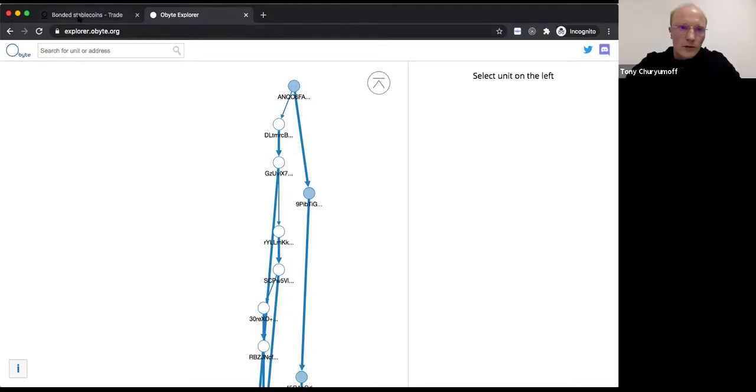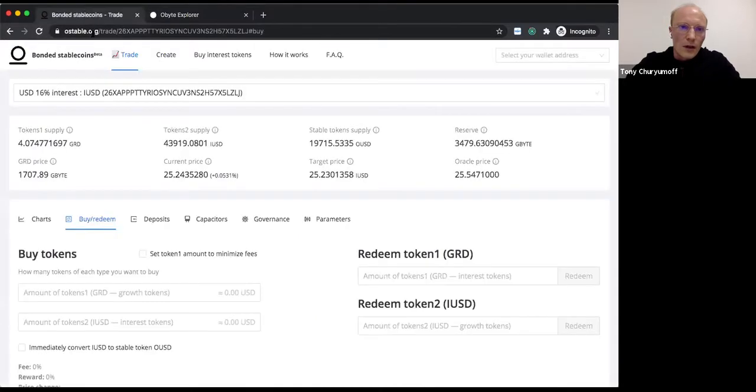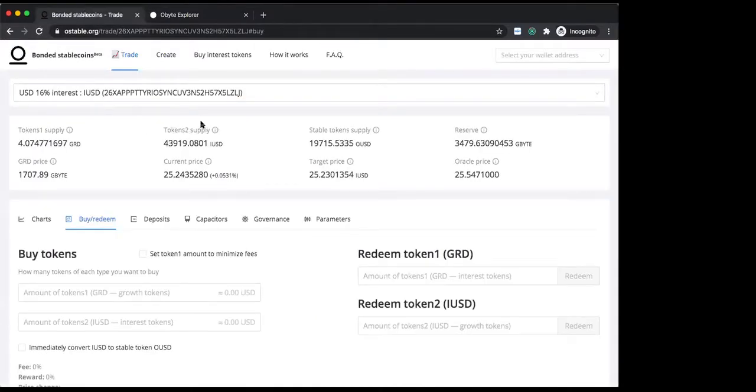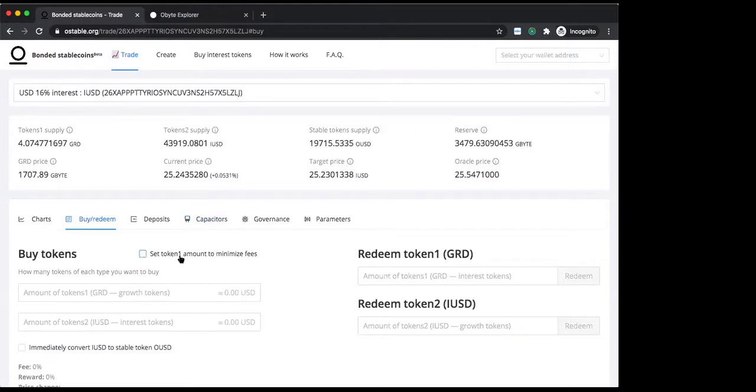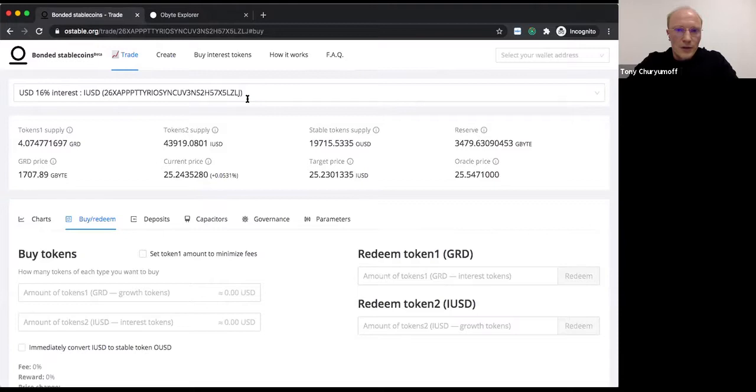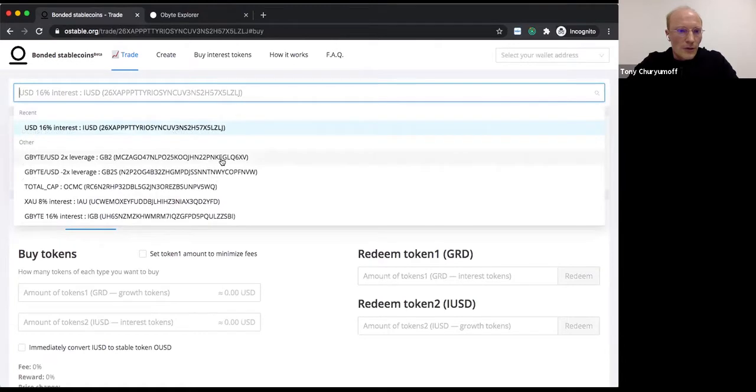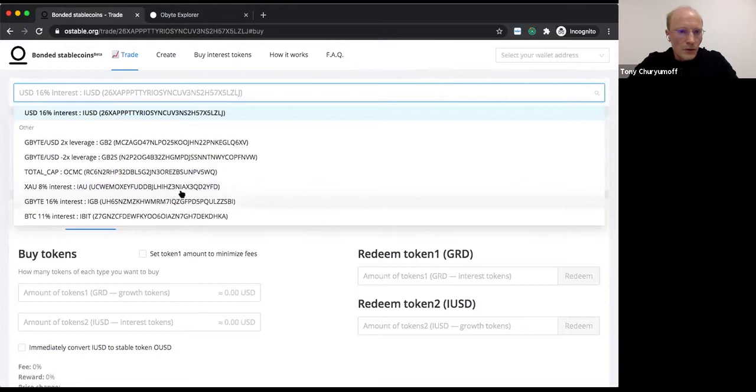Okay, back to stablecoins. One can issue stablecoins that are pegged to basically anything. The example you see on my screen is a stablecoin that is pegged to the US dollar. You can also issue coins that are pegged to some other assets, for example, to Bitcoin, to gold, and even to Gbyte.